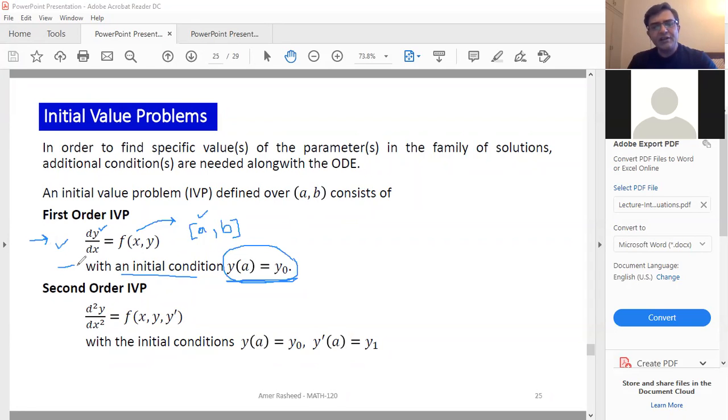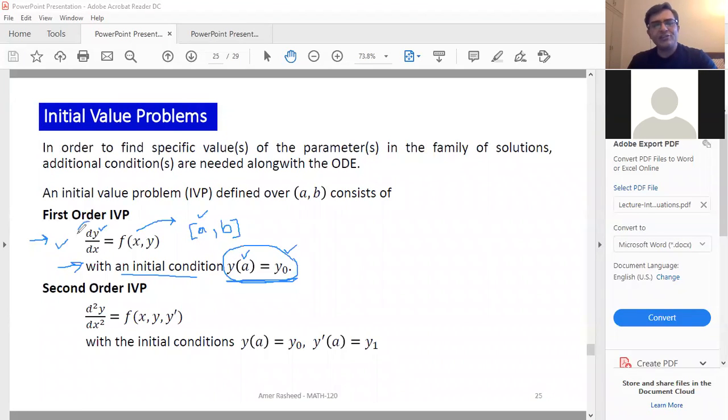Along with this, the condition is that the car has started its journey from x equal to a. Now we know its displacement or velocity at the initial point. So we can place an additional condition like this on the differential equation.